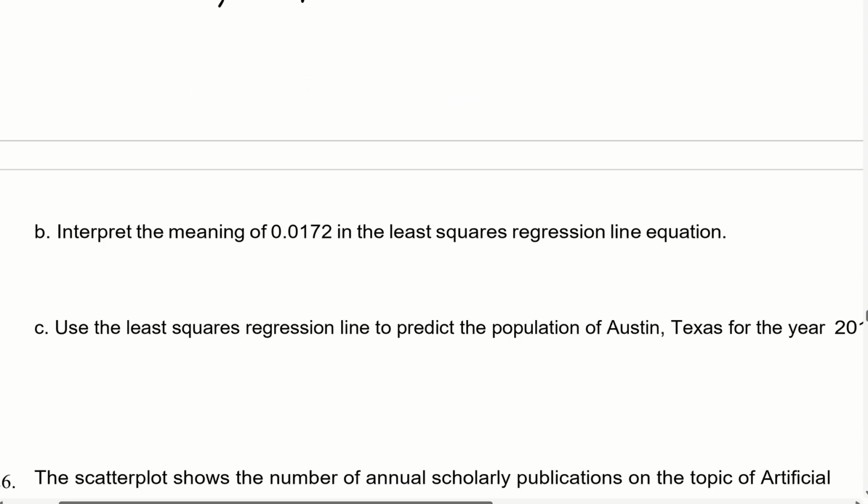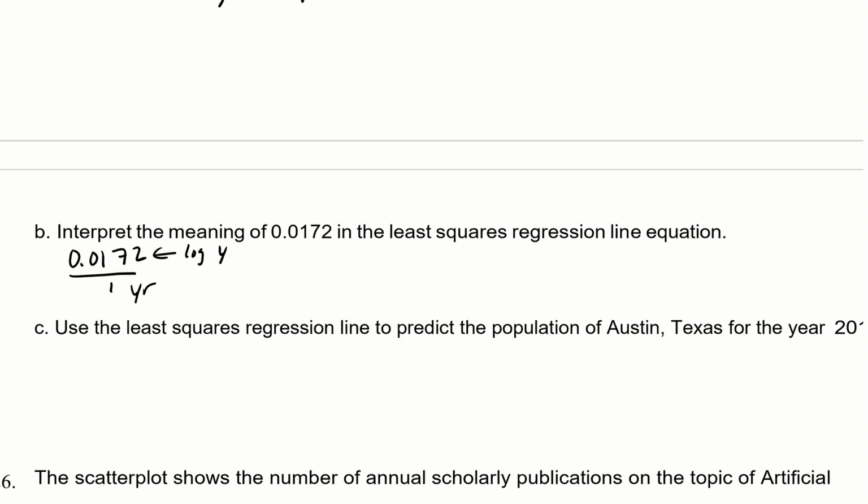So let me write that out. 0.0172 over an invisible 1. So now remember that the units of y is log, right? So this is actually log of y. And this right here is per year, right?